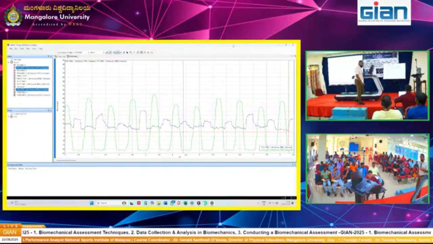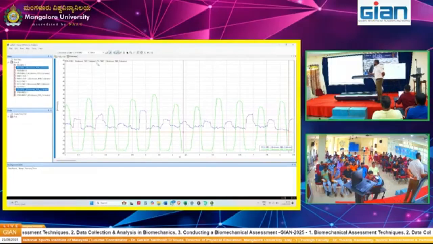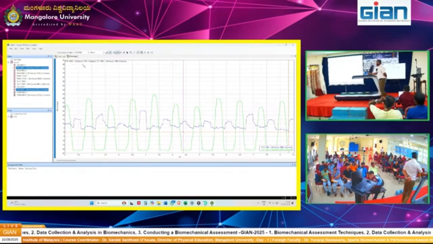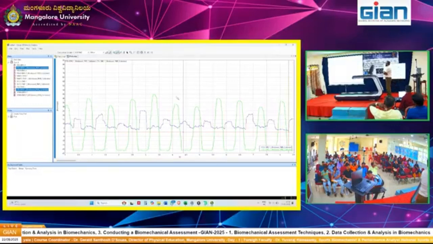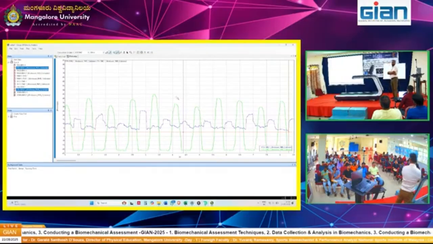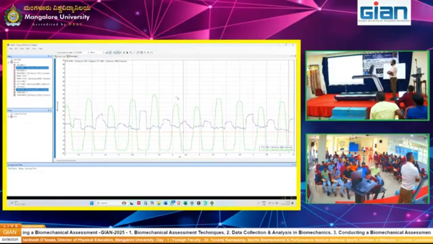Okay? This is the overlaid plot between the left tibialis anterior and right tibialis anterior. There's the activation. You can see that while the left is activated, the blue, which is the right one, is not activated.